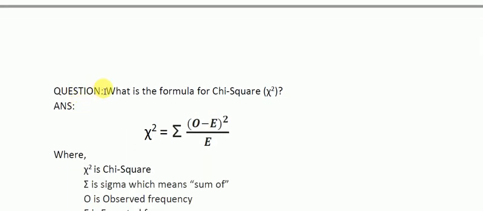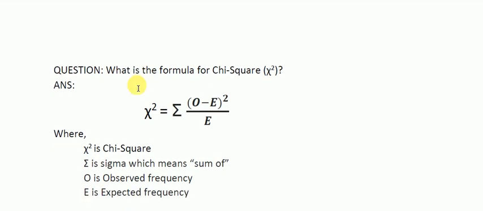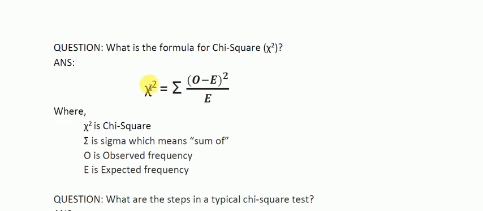Now we'll see what formula we use to calculate chi-square. Chi-square is represented by this x-like symbol, x square. This is the chi-square. Then this symbol is for the summation, used to denote that we are going to sum up this thing.